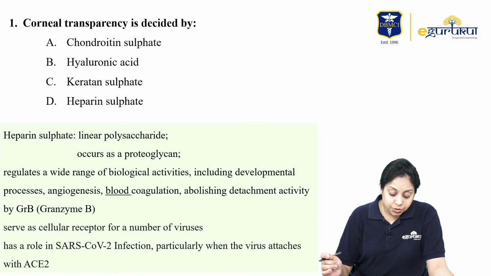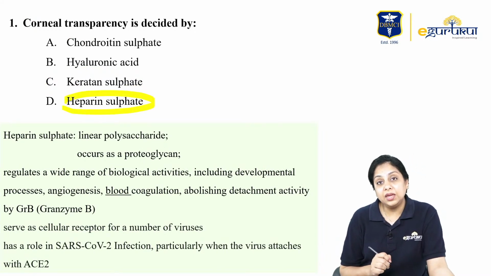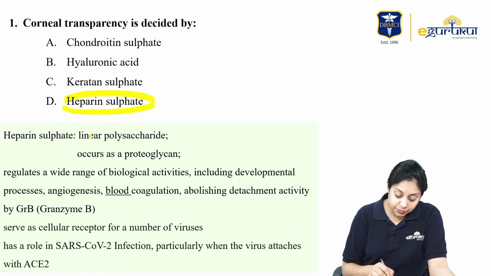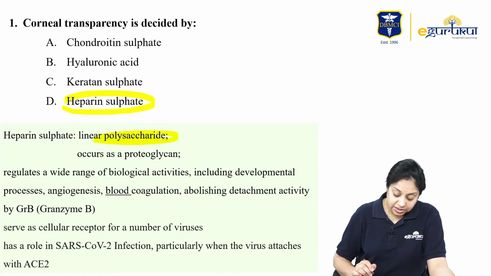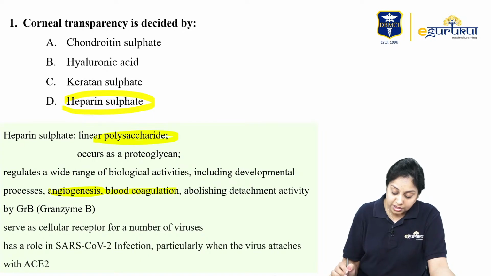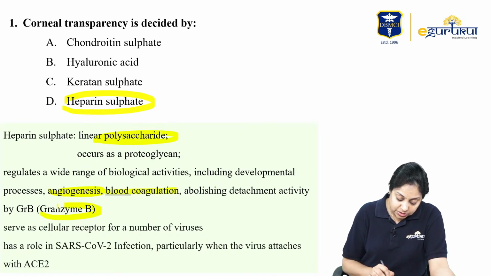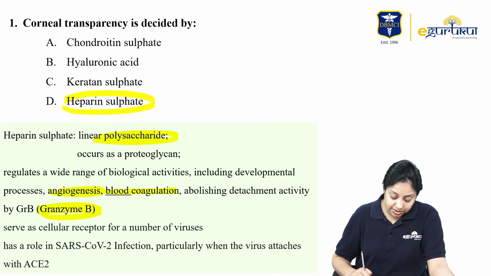Okay. The fourth option, heparan sulfate. They may give you heparan sulfate, they may give you heparin also, and that, we know, is a polysaccharide, right? This is one of the proteoglycans which regulates various biological activities, majorly where we see it in angiogenesis and blood coagulation, right? And it is related to GRB, the granzyme B. I'm not going into detail, just know this is granzyme B related.